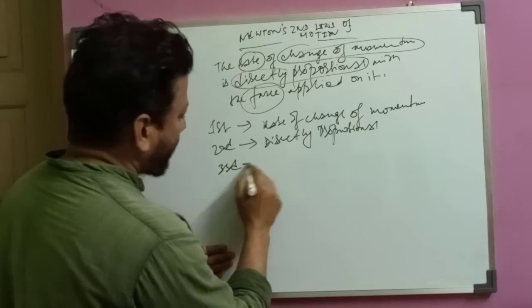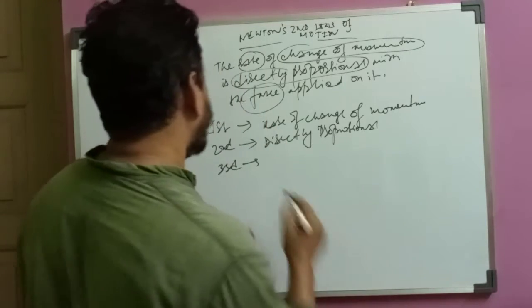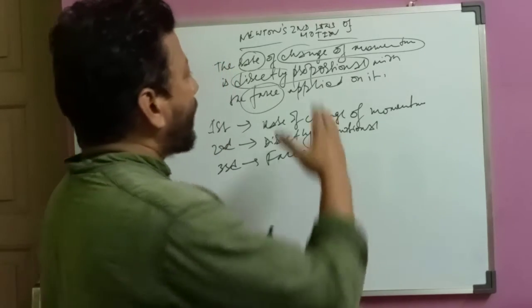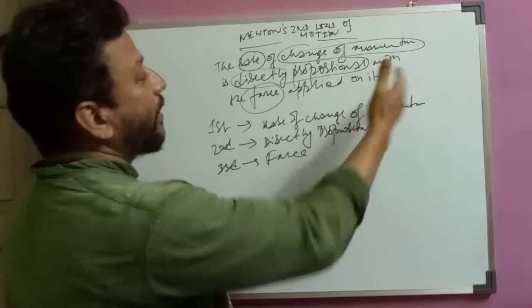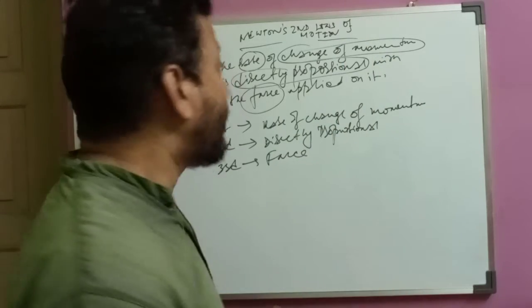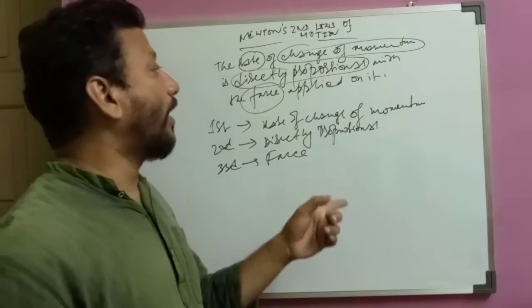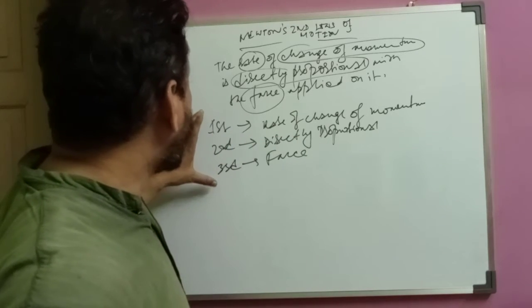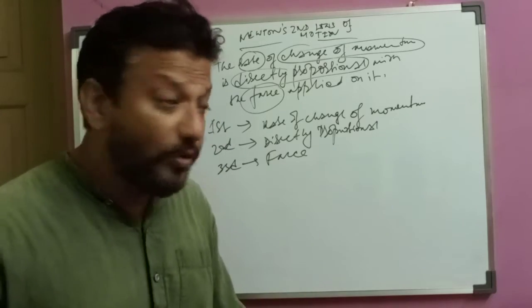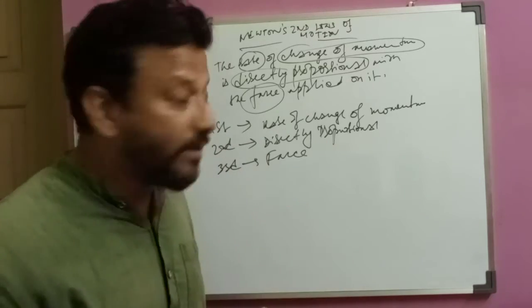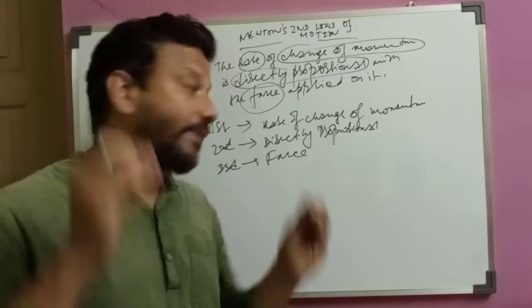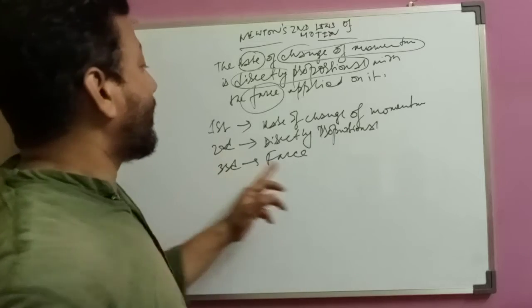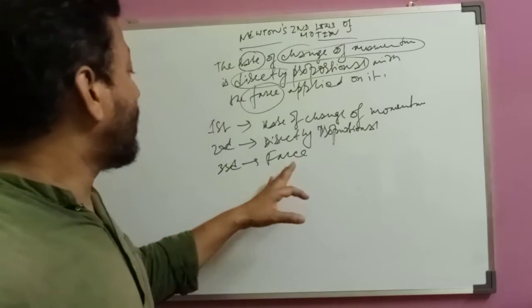Third, the force. As we did with the first law, one after one, we made a specification this way. It's not mandatory to write like this, but it will help you keep in mind: first, the rate of change of momentum; next, directly proportional; third, force.